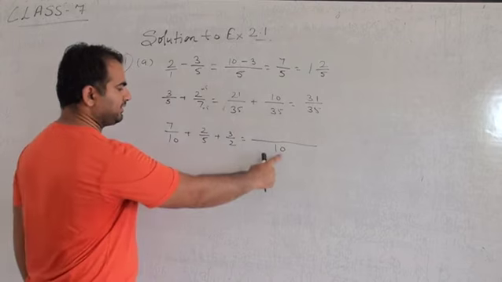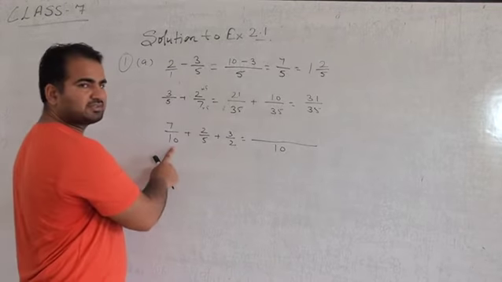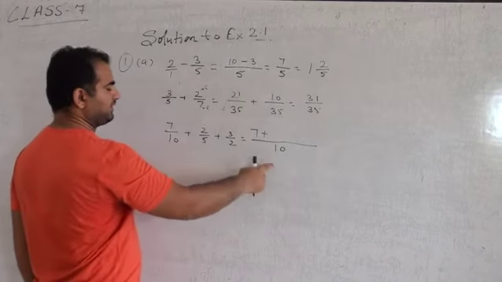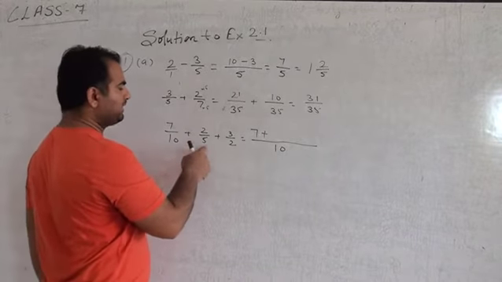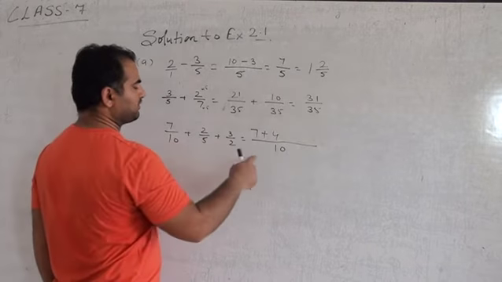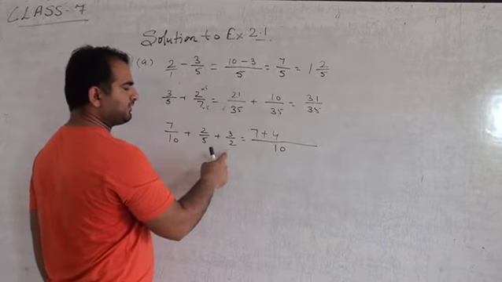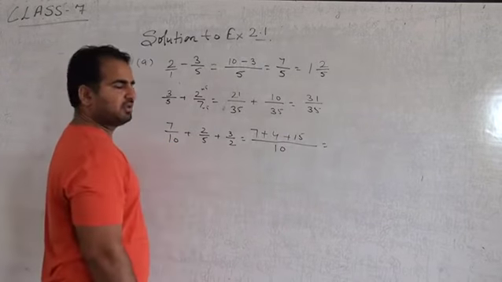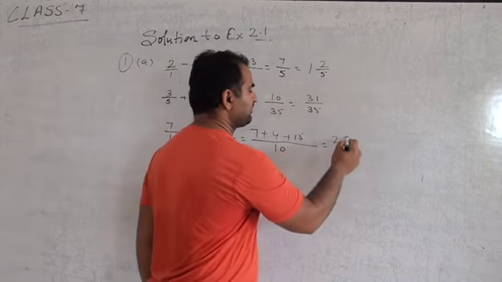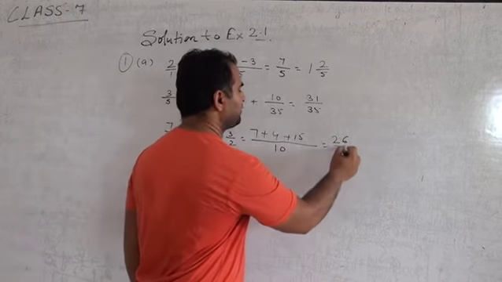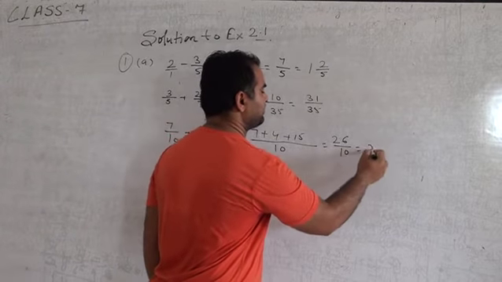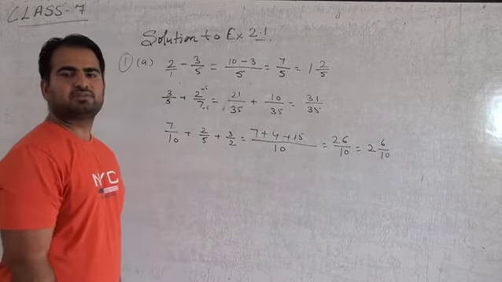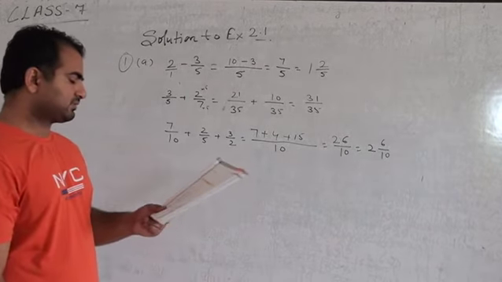We divide 10 by 10, so 10 ones are 10 and 1 multiplied by 7 is 7. 10 divided by 5 gives 2, and 2 into 2 will be 4. 10 divided by 2 equals 5, and 5 3s are 15. Okay, the answer will be 26 upon 10, or we can say 2 6 upon 10. I have changed it into mixed fraction.